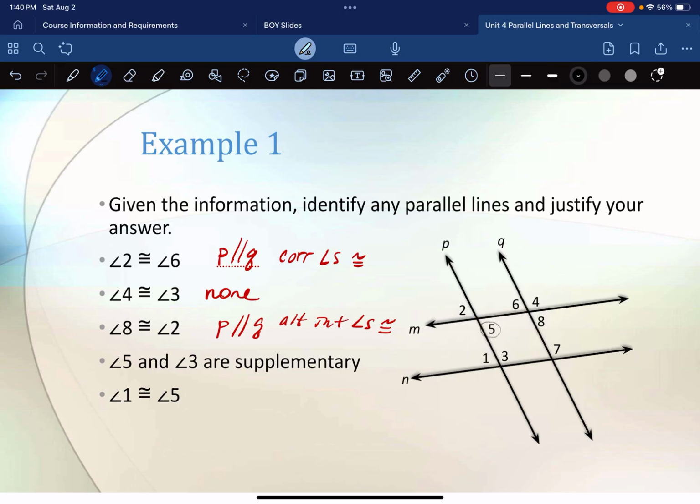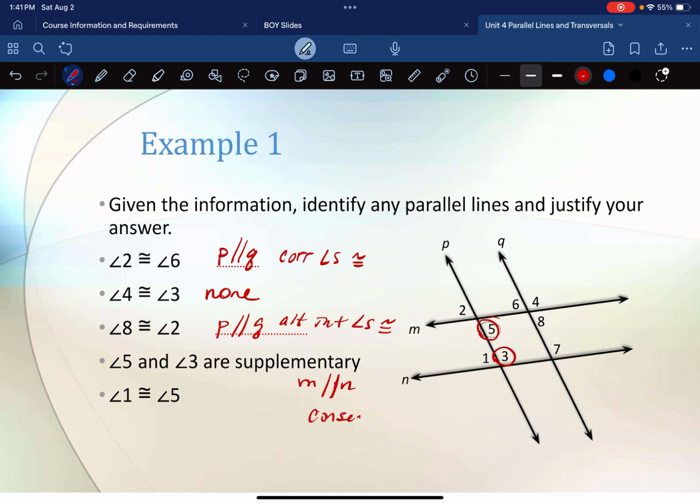5 and 3 are interior between M and N, and they're on the same side of our transversal. The transversal is P, and M and N now are the parallel pair of lines. And the reason is, what kind of pair are those?